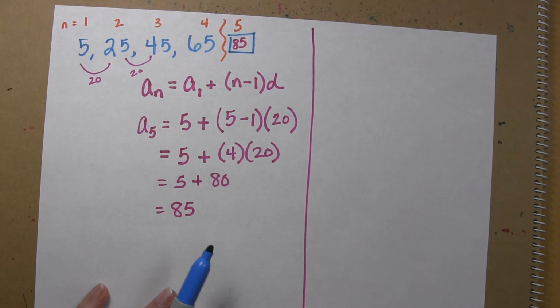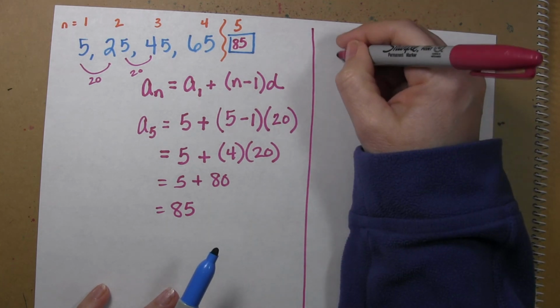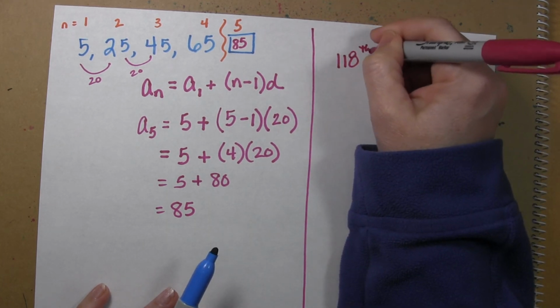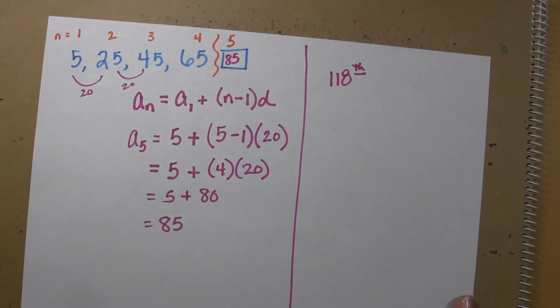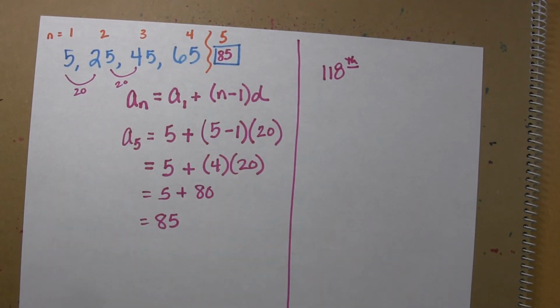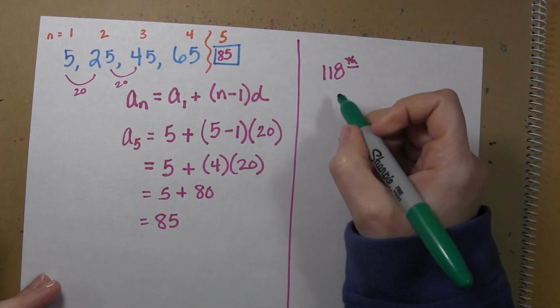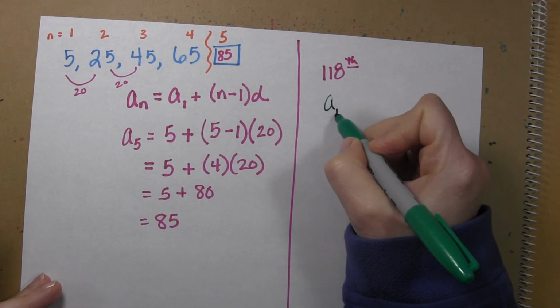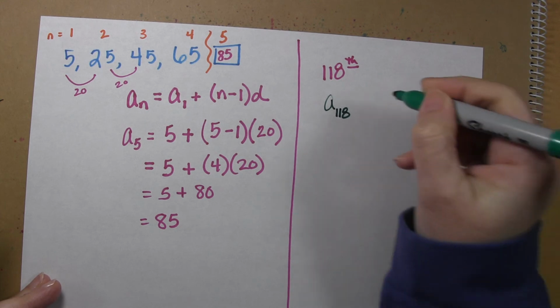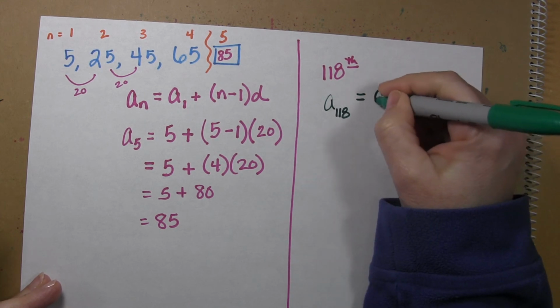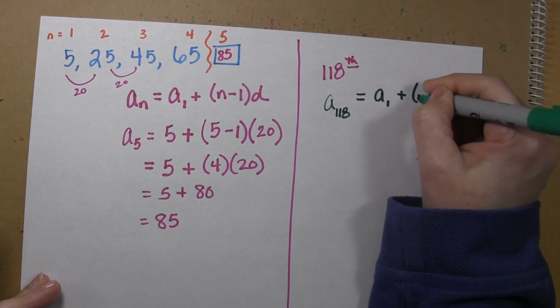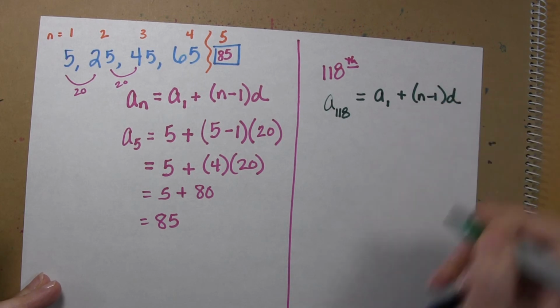And you're saying again, that's so easy. Let's say that I want to figure out the 118th term of this series. How would I do that? Well, I would say a sub 118 equals a sub 1 plus n minus 1 times d.